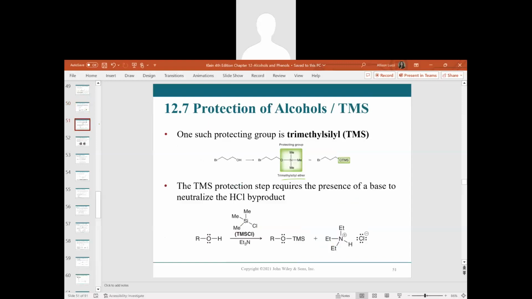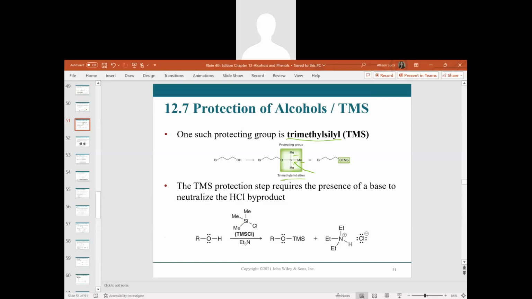So let's see what type of protecting reagents we could use. We have something called a trimethylsilyl group that could be used, TMS for short. And we see that here, our silicon atom surrounded by 3 methyl groups, hence the name.